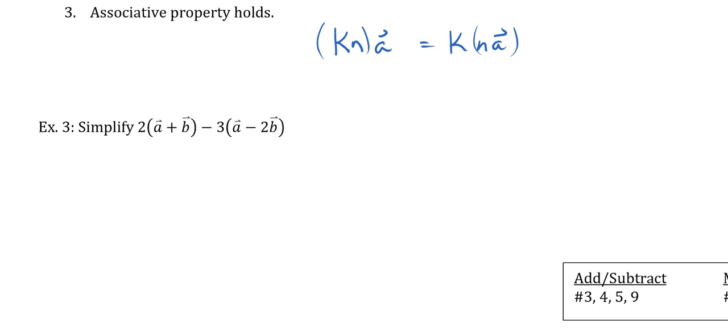Okay, one little example here. How can we simplify this? So I've got distributive property. And then because I have some of the same vectors, they're just like terms and I can add them together.